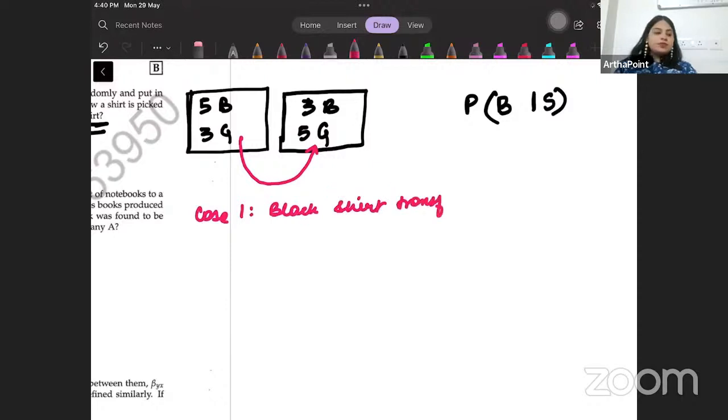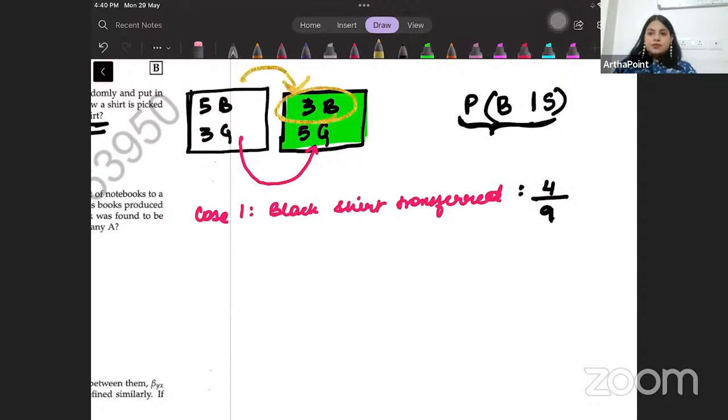If I would have transferred a black shirt, then beta, in this box there would have been 4 black and 5 green. So if I have to pick a black shirt, there were 4 black out of 9 shirts, because there would have been one more black shirt transferred from here.